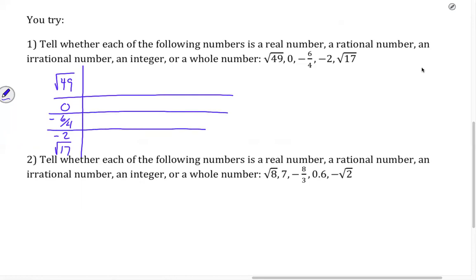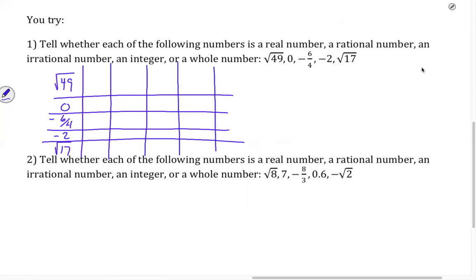I think you guys can see where I'm going with this. Real, rational, irrational, integer, and whole.